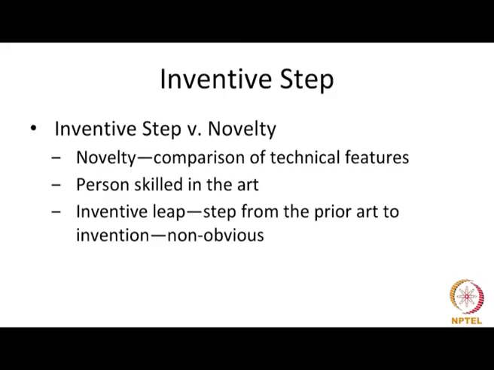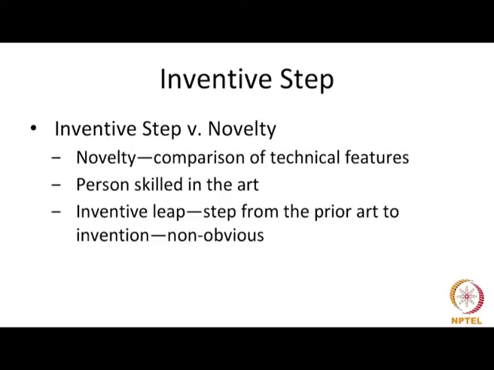Now, how different is the inventive step from the novelty requirement? The novelty requirement, we had seen, involves a comparison of a document that has been published, or a use, with the claim of a patent application. So, it is a comparison.